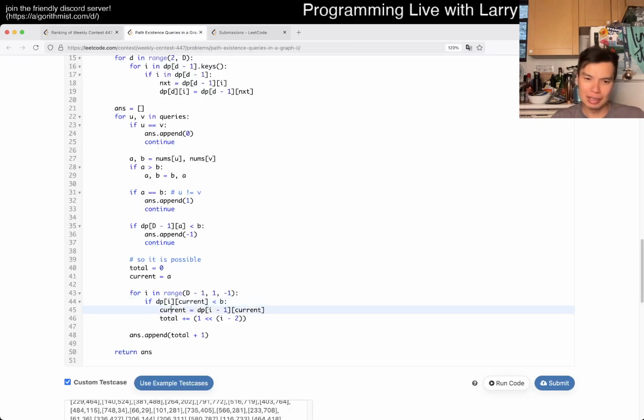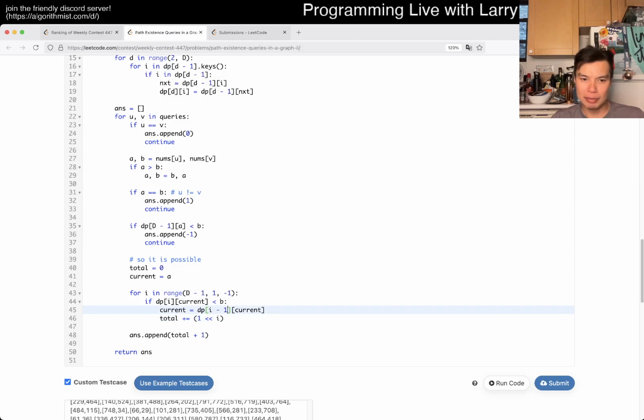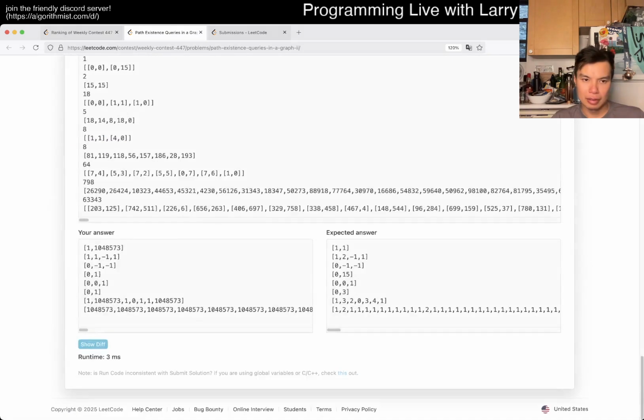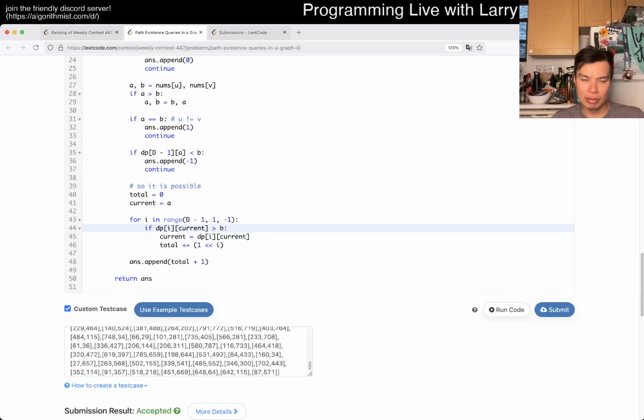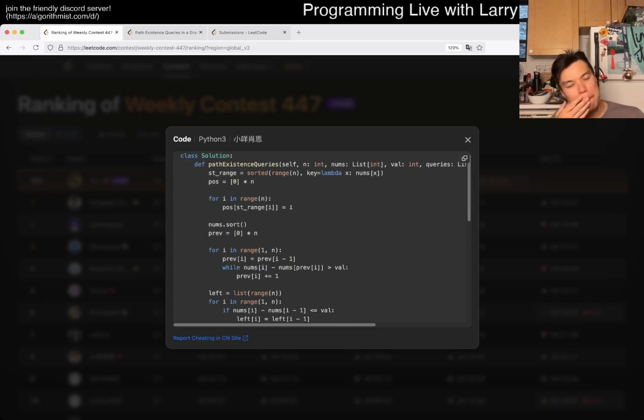I'm trying to understand this a little bit because this is the type of dynamic programming that I know I'm really bad at. So it's something like this thing, right? This is clearly way off. I mean, this is fine. I don't care about that.